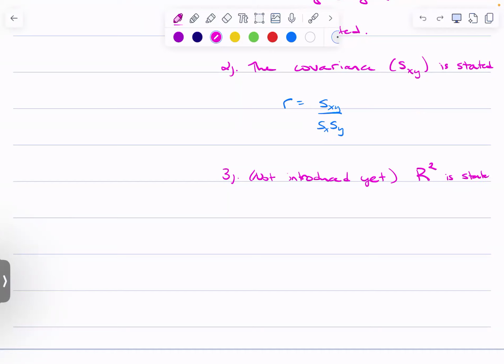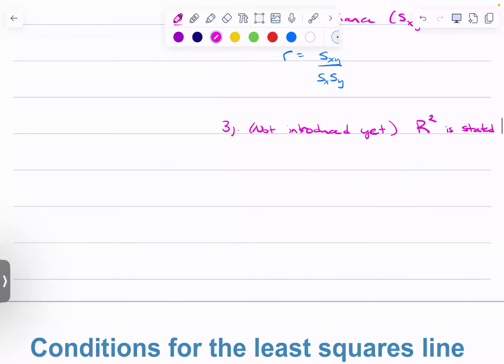Once we've introduced it, then I'll show you how you would get the correlation from R squared. Okay, fine, I'll tell you now. Spoiler. Capital R squared is just the correlation squared. And so the correlation, R, is the square root of R squared.